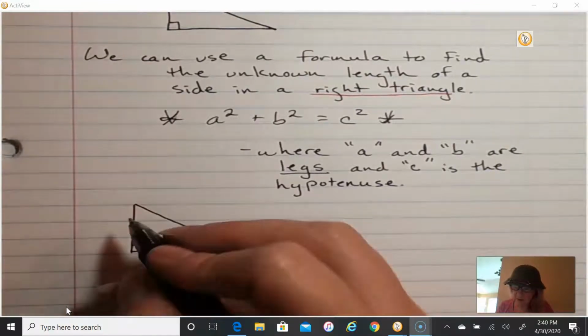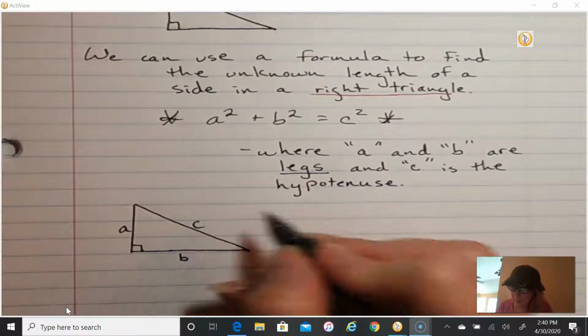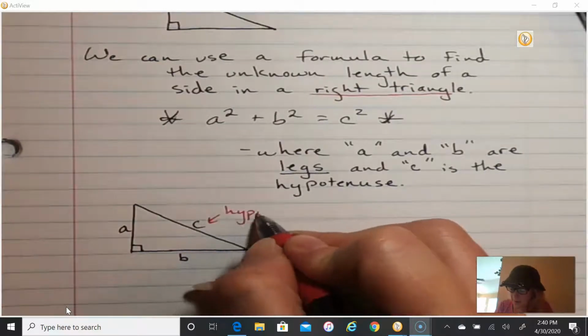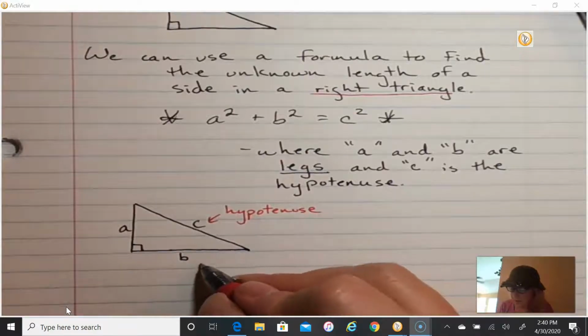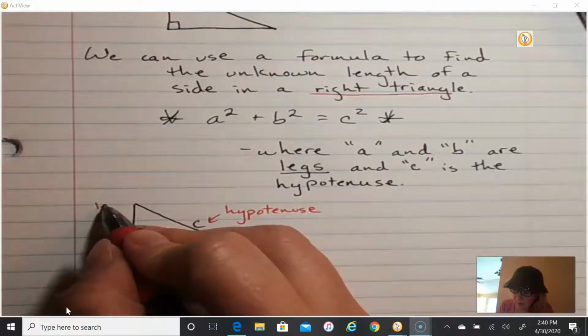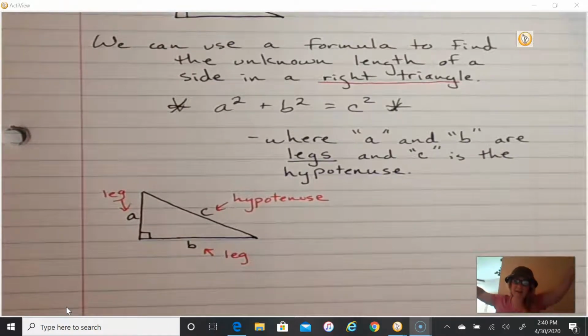Here's your right triangle. I have A, B, those are the legs, and here's C. This is my hypotenuse. I like saying hypotenuse. There's a leg, and there's a leg.